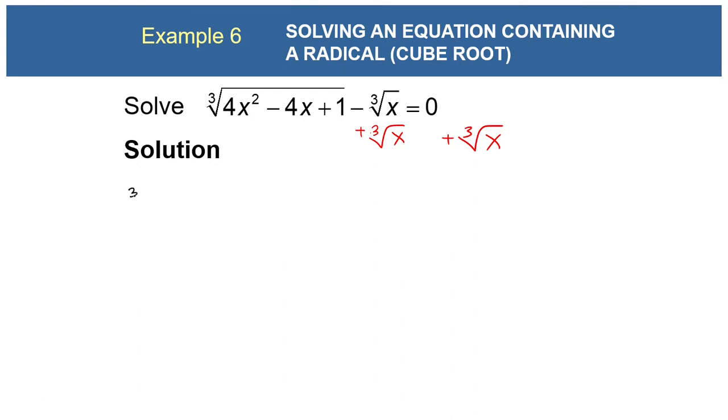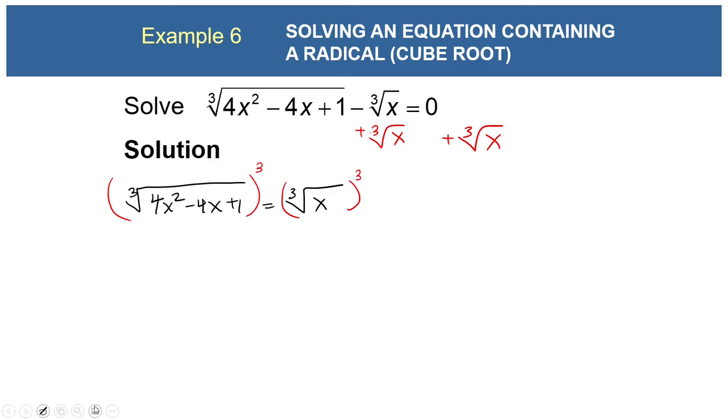This gives me the cube root of 4x² - 4x + 1 equals the cube root of x. Now we're going to raise both sides to the third power because we're trying to cancel out a cube root. If it's a square root, we'll use the power of 2. Since it's a cube root, we'll use a power of 3.